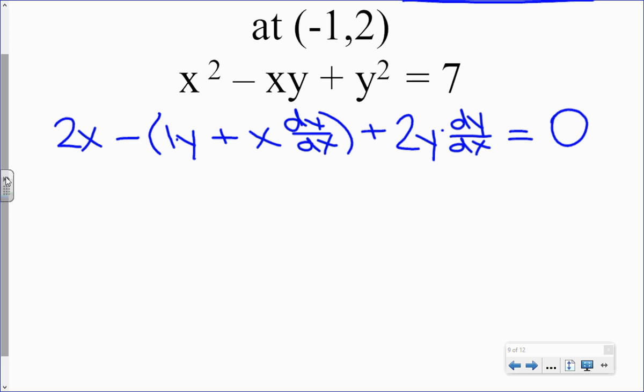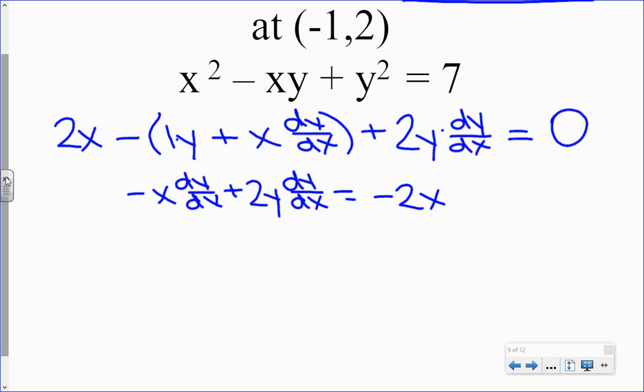Now, we need everything with dy dx on one side, everything without dy dx on the other side. So we have negative x dy dx if we put that subtraction through, and we have 2y dy dx. And then I'm going to subtract 2x and add y over to the other side.